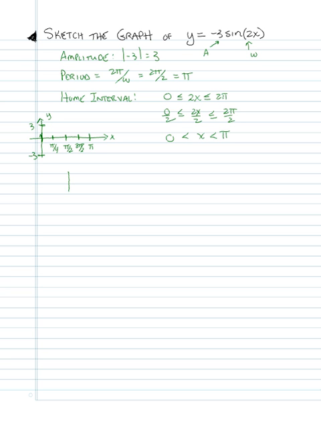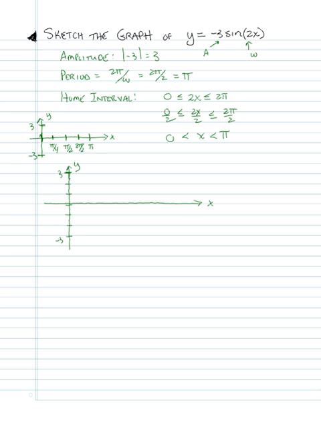Here's the way I would approach this. Let's suppose this is where positive 3 is. And so this would be 2, 1, 0, negative 1, negative 2, negative 3. Here's my x-axis, here's my y-axis.